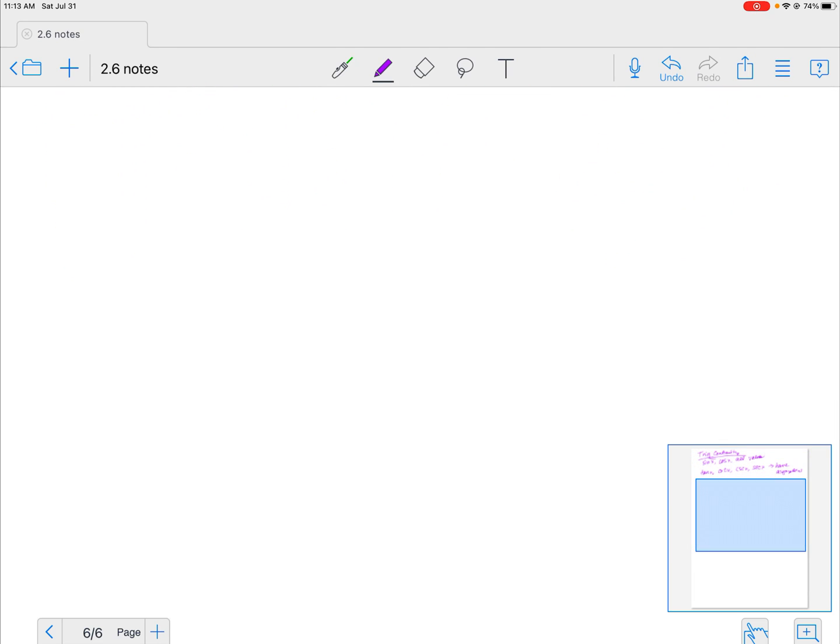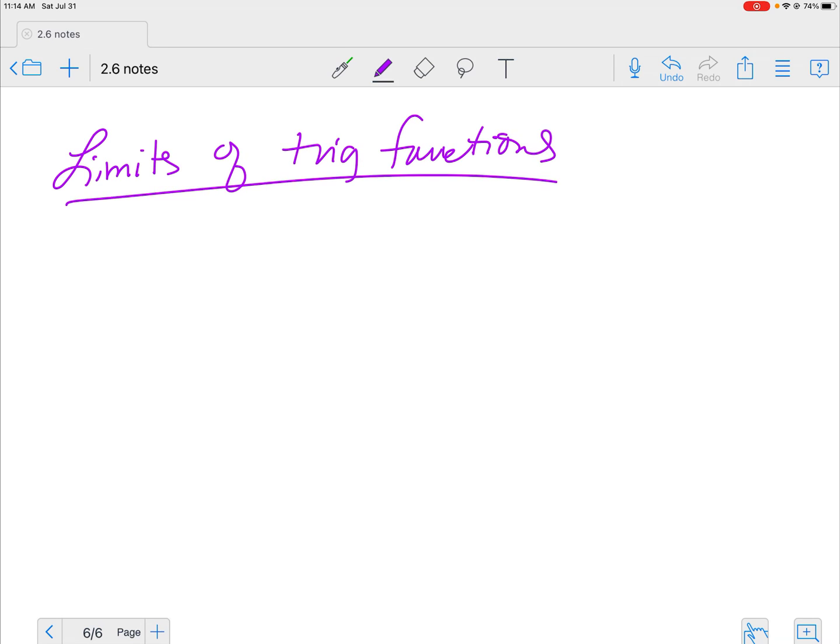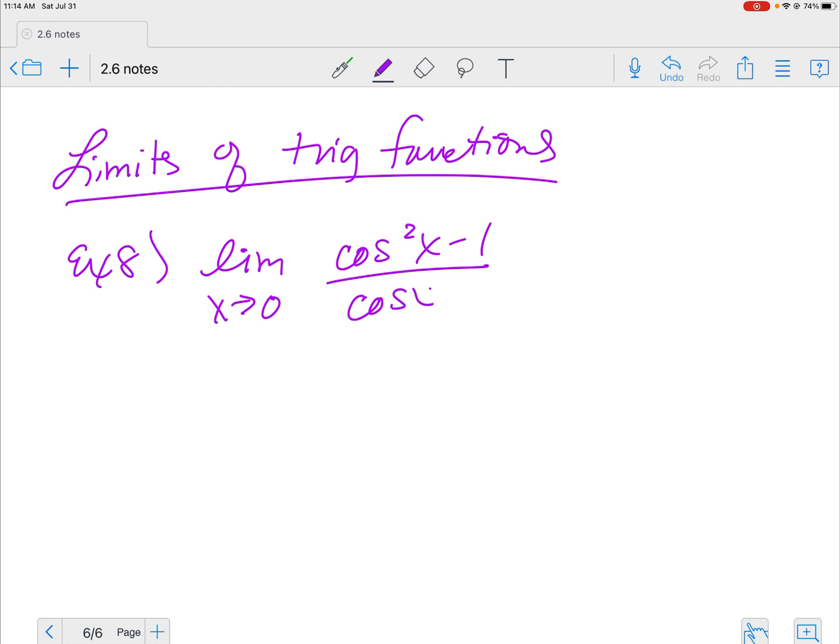What if I want to take limits of trig functions? What if I want this one, example 8? The limit as x approaches 0 of cosine squared x minus 1 over the cosine of x minus 1. Now, what do you always do no matter what? Plug it in. Good job.